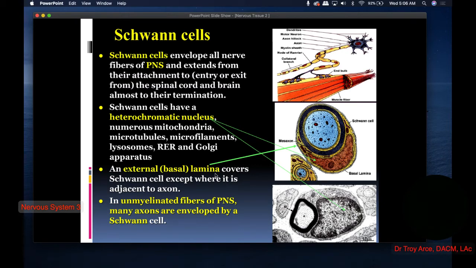An external basal lamina covers the Schwann cell except where it is adjacent to the axon. And we actually talked about that. And we actually picked that out in the first lecture. So revise the first lecture, and for your homework, tell me what that is. In unmyelinated fibers of the peripheral nervous system, many axons are enveloped by a Schwann cell.